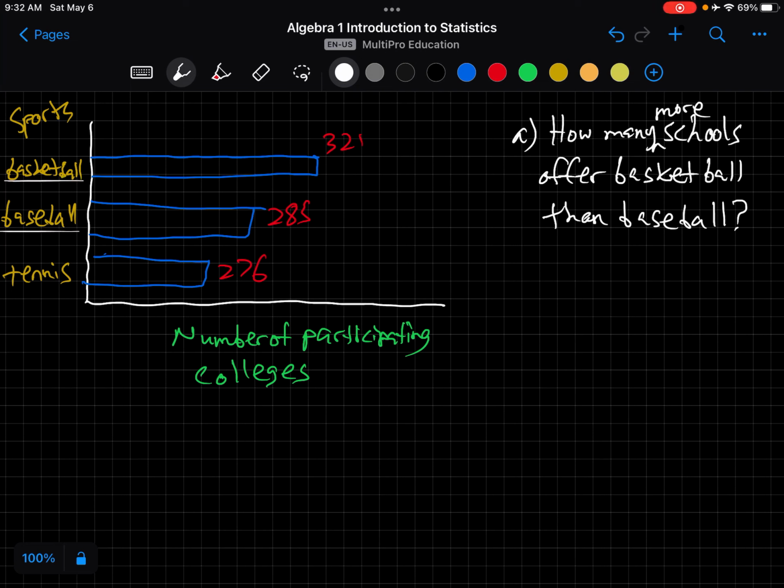So over here we see basketball, here we see baseball. And that associates with each of these two bars. And here's the total amount here. So what we need to do is take 321 minus 285. And that's how many more? So that would be 36. So the distance between here and here must be 36.